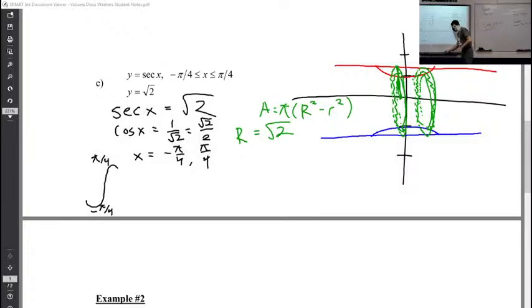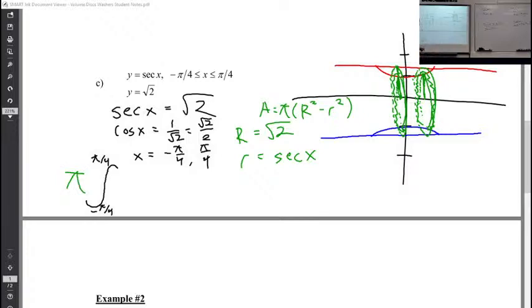Our little r is this distance right here. It is our bottom curve. So that's going to be secant of x. So writing this formula out, pi is going to go out in front.